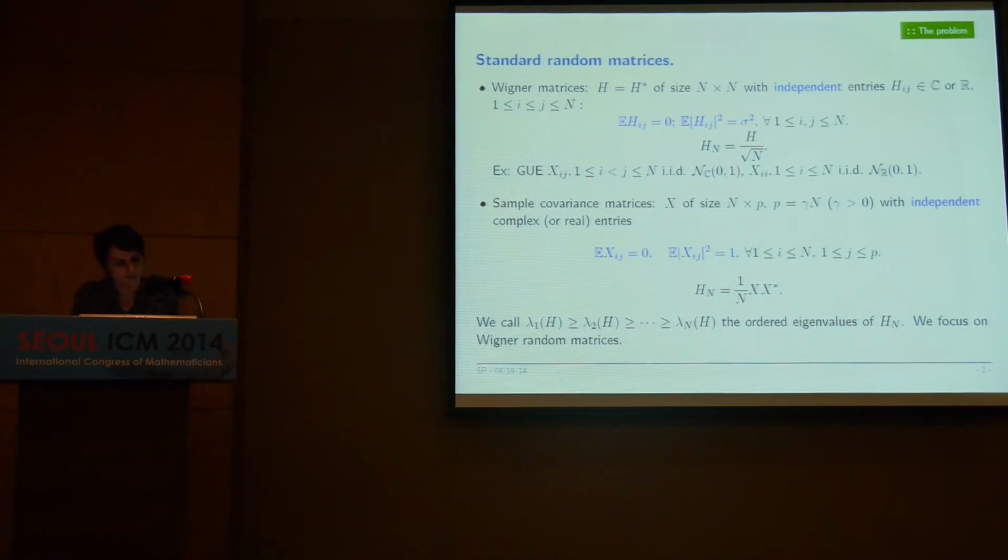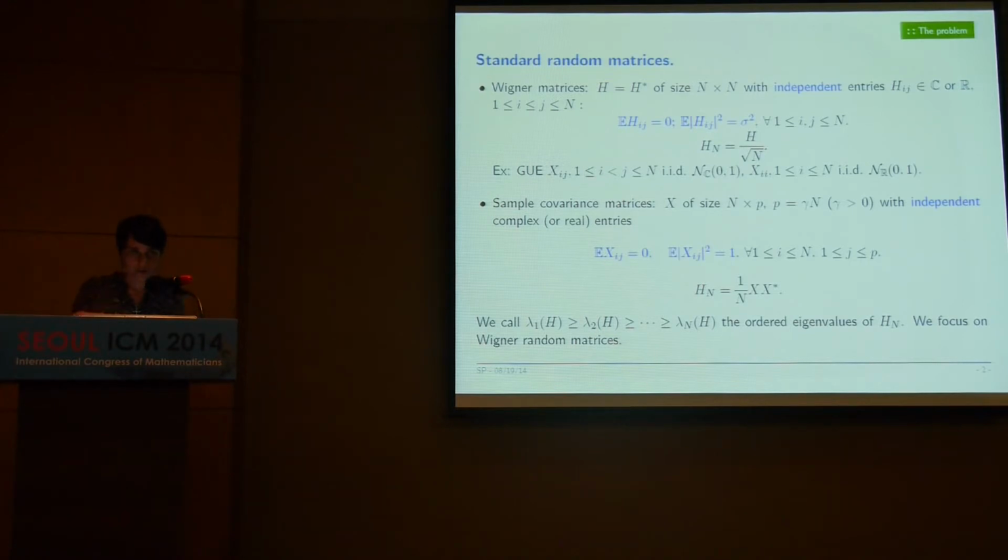The other kind of standard random matrices are the sample covariance matrices. This time we start with a rectangular matrix X of size n times p, with again independent entries which are all centered, independent, and admit a finite variance which we set equal to 1.